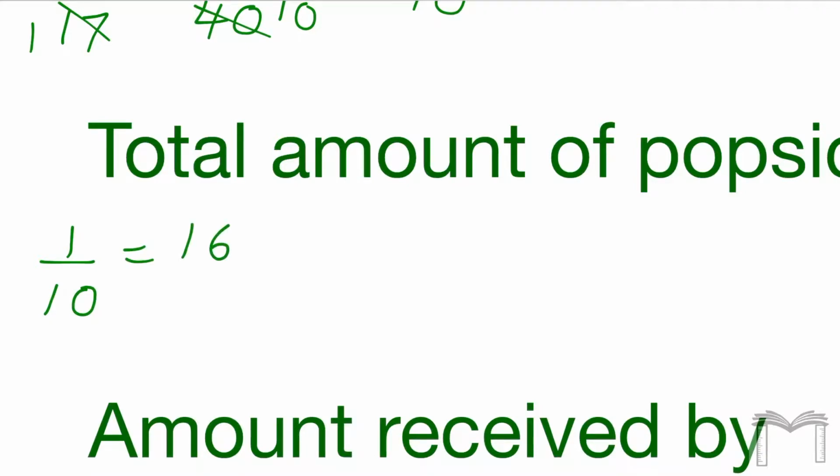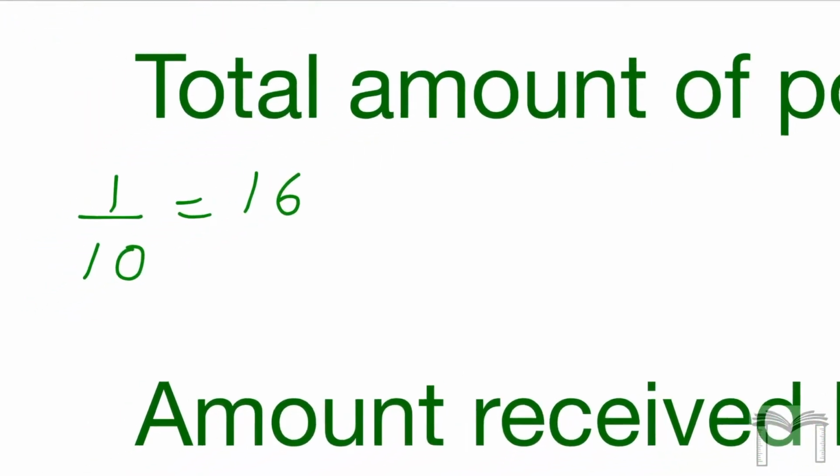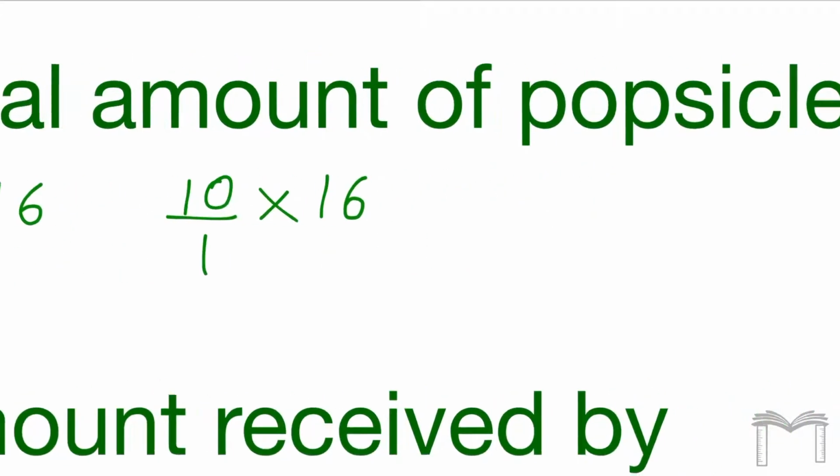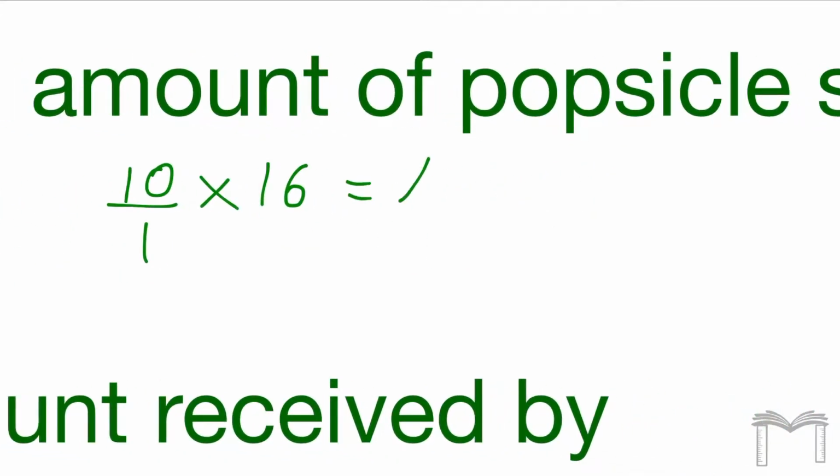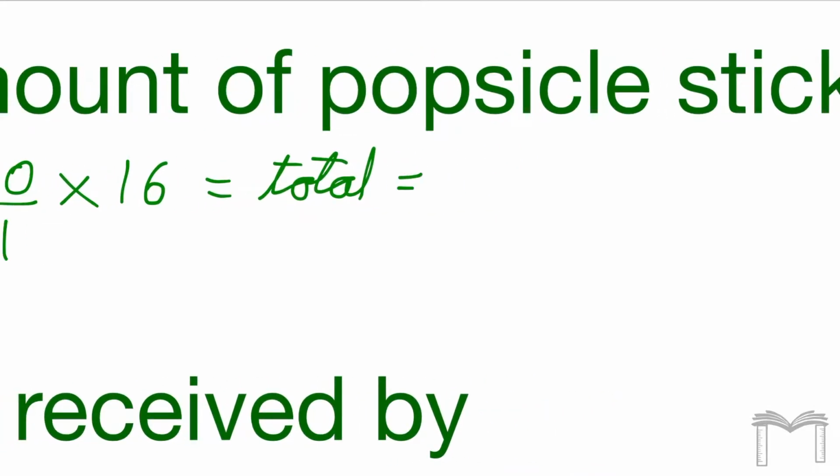If we have a fraction that is equal to an amount, we can flip the fraction, so this now becomes 10 over 1, and multiply it by the amount the fraction is equal to, which is 16. And we will get the total. So 10 times 16 is 160. That's 160 popsicle sticks.